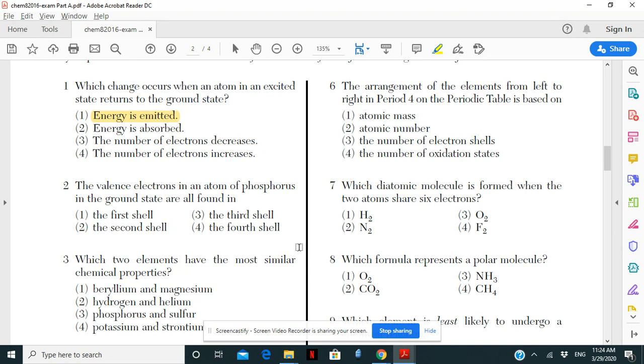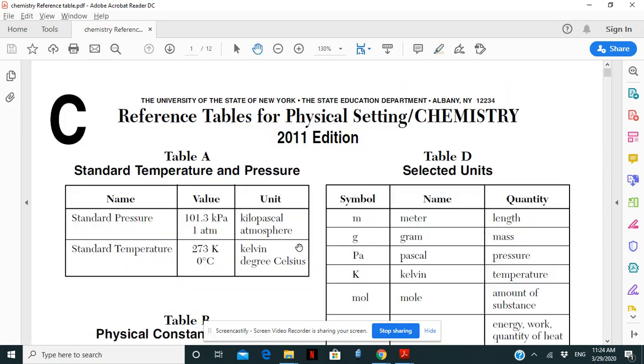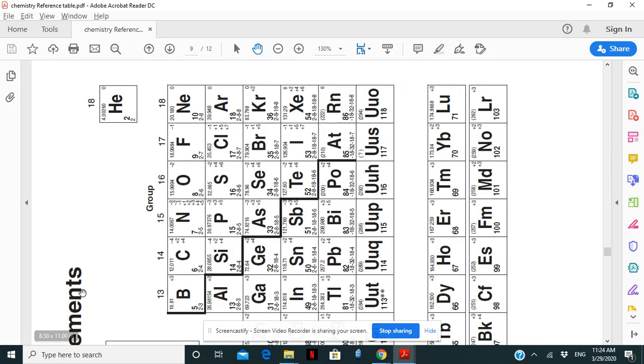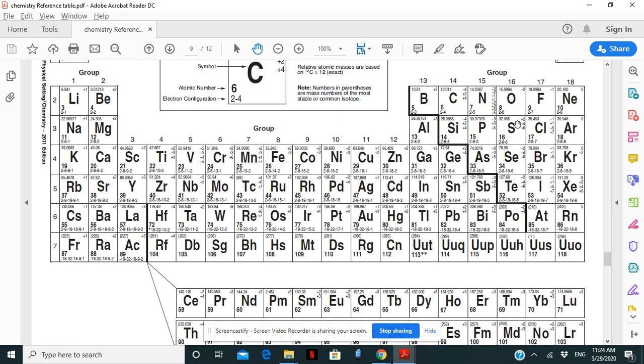Question number 2. The valence electrons in an atom of phosphorus in the ground state are all found in... So in that case, we have to go to the reference sheet. And this is the periodic table. Now we're talking about phosphorus.